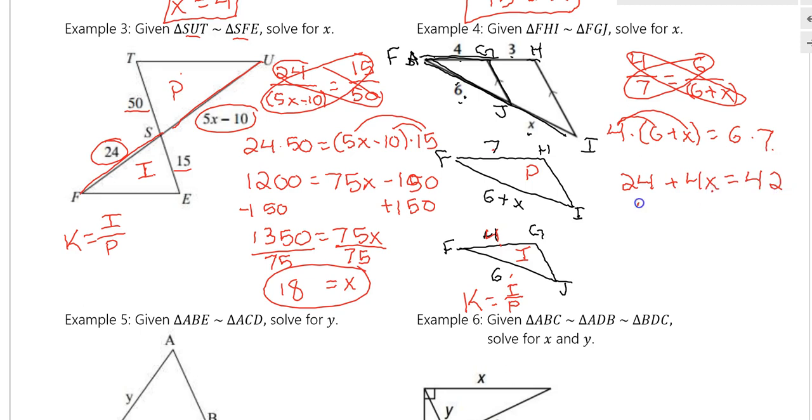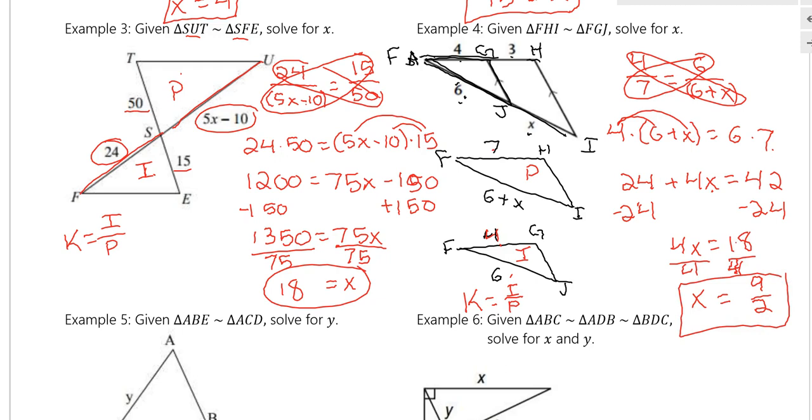Then here's my variable, I want to get rid of that constant. So, I have 4x equals 18. I'm going to divide both sides by 4. 18 divided by 4 is 9 halves.